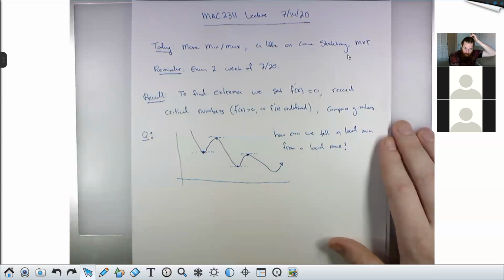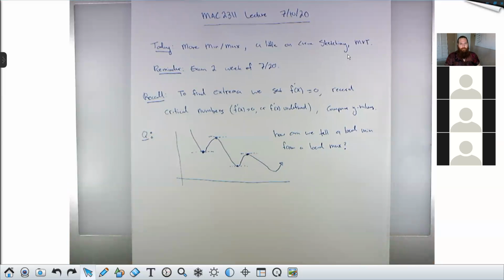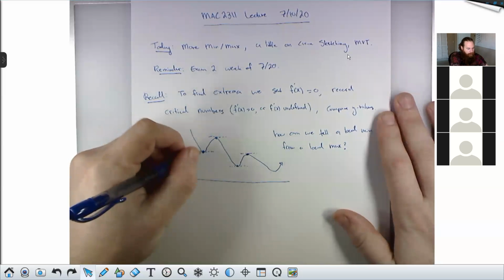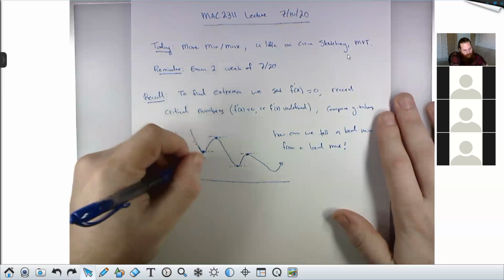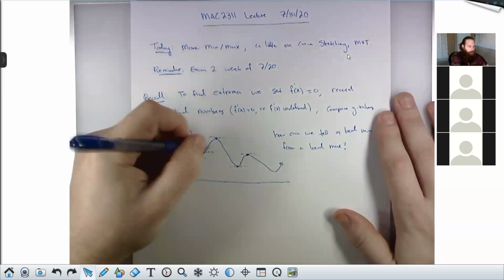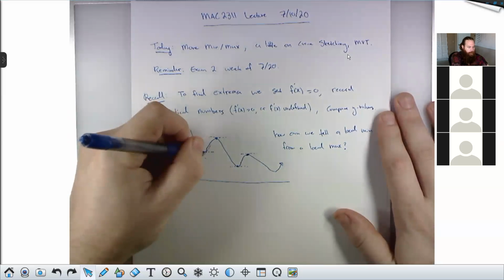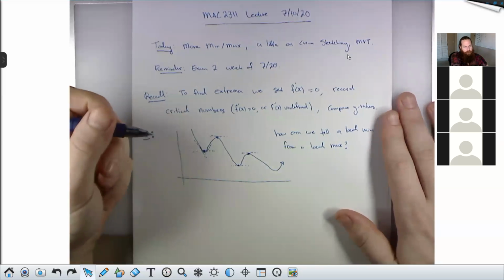So wouldn't it be related to the way the line approaches the minimum or maximum from each side? Yeah, that's the idea, right? So if I look nearby here, the tangent line has a negative slope. And if I look nearby on the right-hand side, the tangent line has a positive slope.